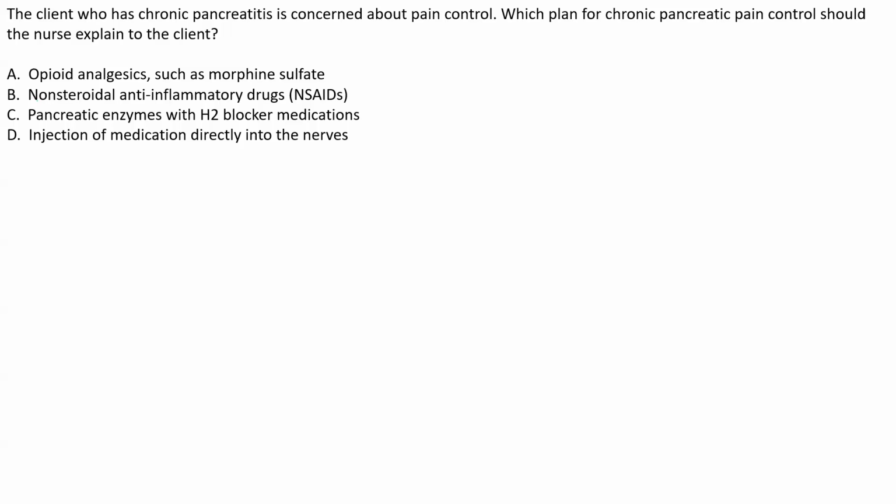So the pain usually resolves, because again, the presence of food in the GI tract stimulates the pancreas to produce the enzymes. So when we give these enzymes, we have to give the blockers to prevent the pain associated with that enzyme. When you give the enzymes, they are coupled with the H2 receptor blockers, or PPIs. You can give PPIs, which are also effective.